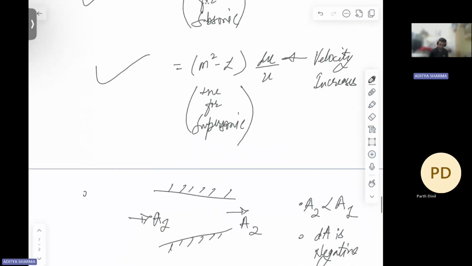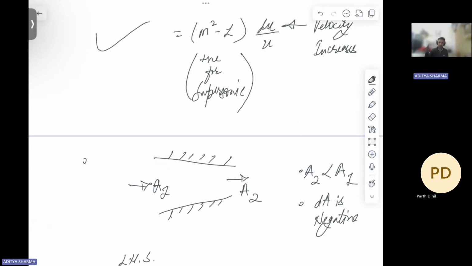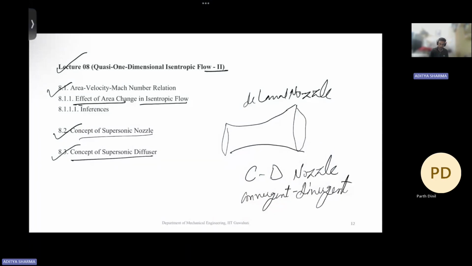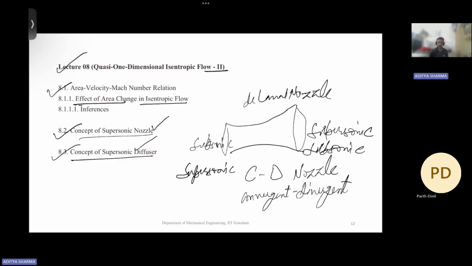So this is divergent, this is convergent, one divergent and one convergent we have taken together and we call it D-level nozzle. So what it does, if your subsonic flow is there, it will make it supersonic. Supersonic diffuser: your flow is supersonic, it is going to make it subsonic. Okay, so this is your supersonic diffuser.